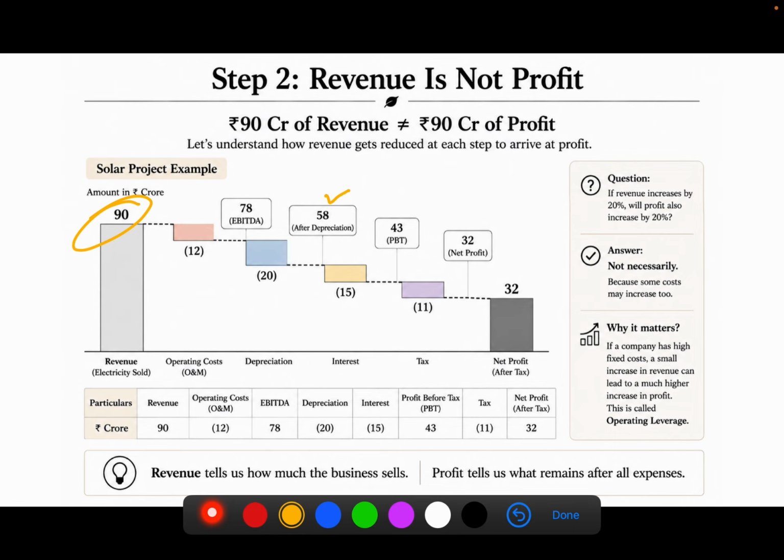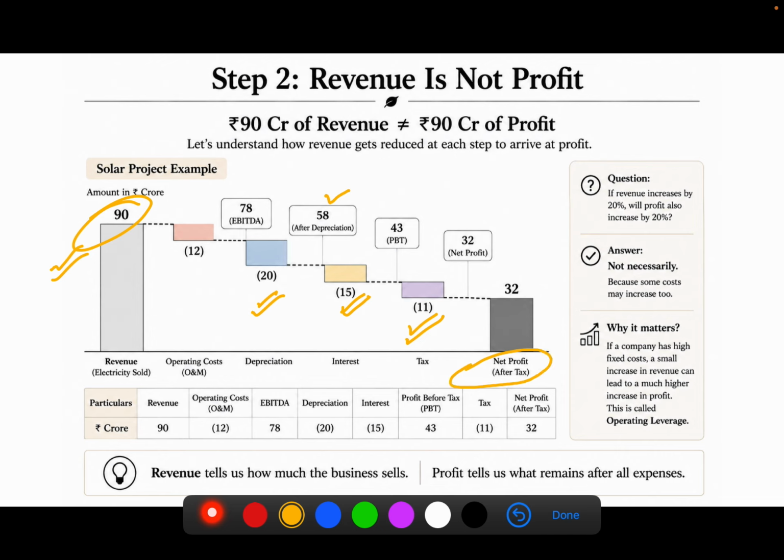In our example, we start with 90 crores of revenue and progressively deduct these expenses. First, operating costs reduce the amount available from the business. Then we account for depreciation. After that, we consider interest on debt. And finally, we account for taxes to be paid to the government. Now, what we are left with is the net profit.